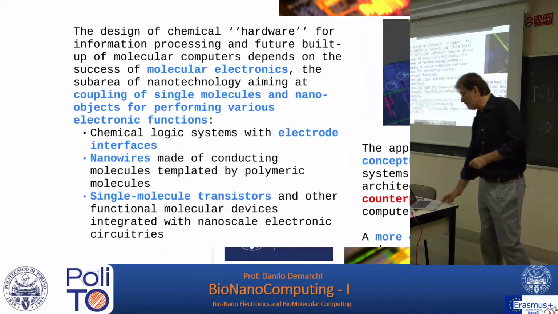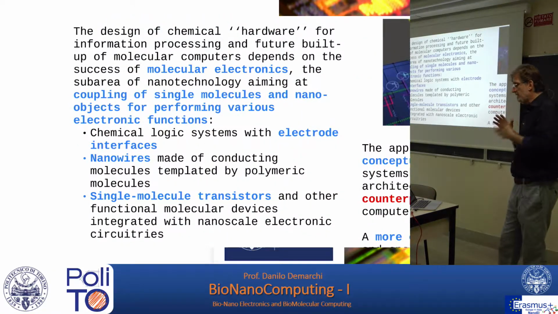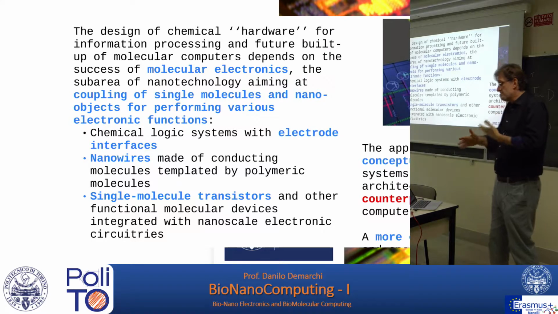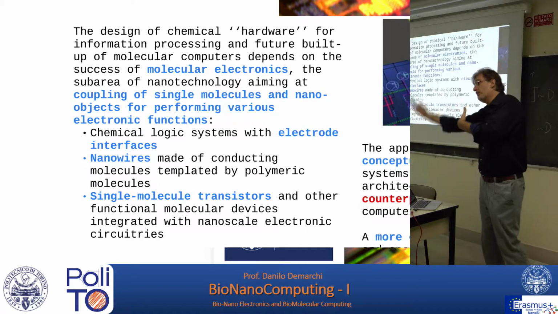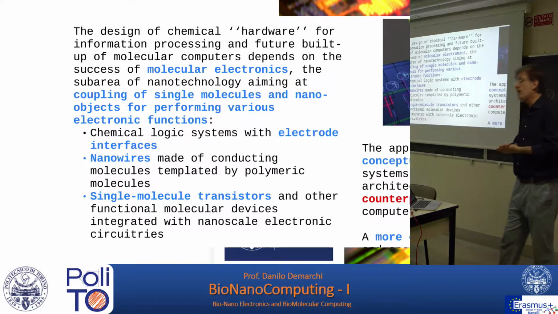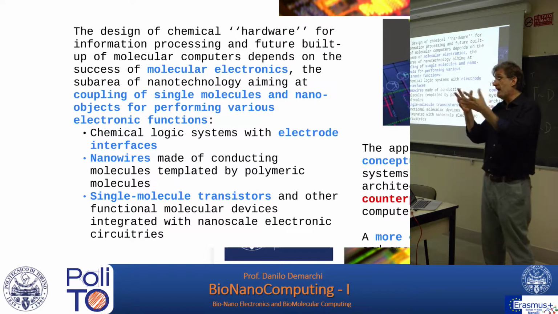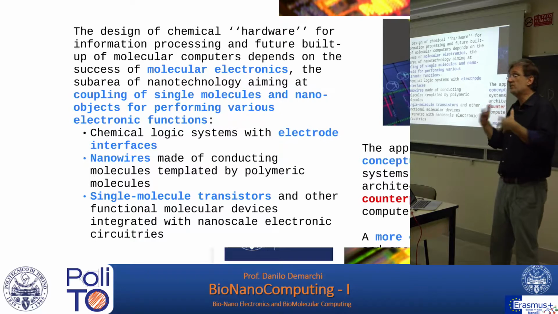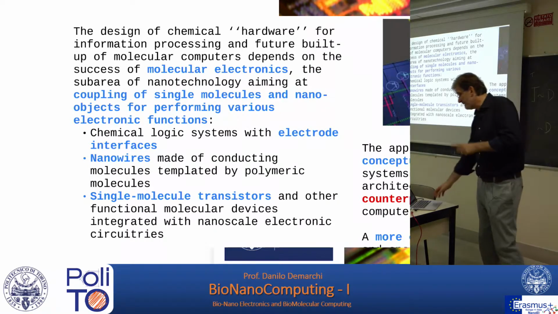In fact, we can talk of our hardware in terms of making electrodes. We need them, nanowires that can change conductivity proportionally to pH. We can make single molecule transistors. So you see, I can use electronics, electrodes, transistors for setting up the system, but I'm not using the electronic system for the computation.